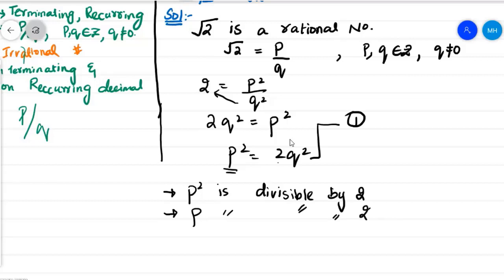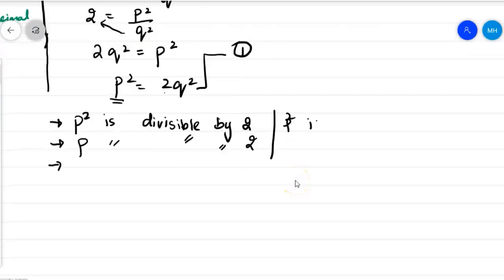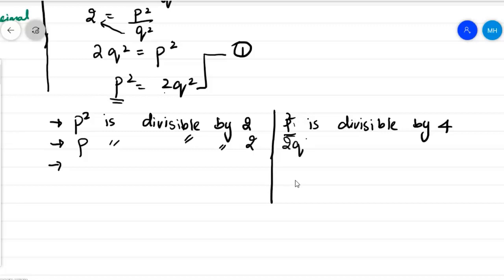Now we can say that p square is divisible by 4. If we substitute the value of p square, which is 2q square, we can write: 2q square is also divisible by 4, right?